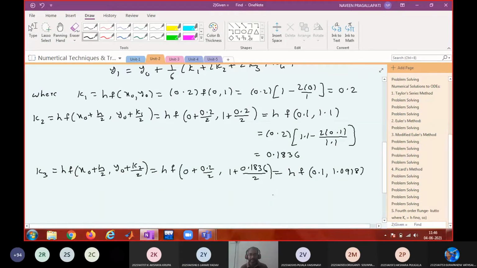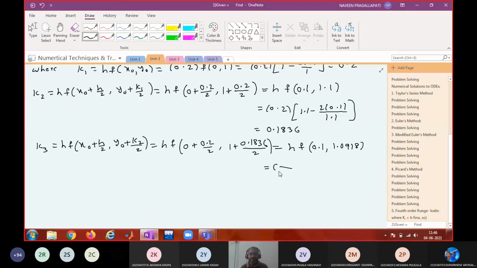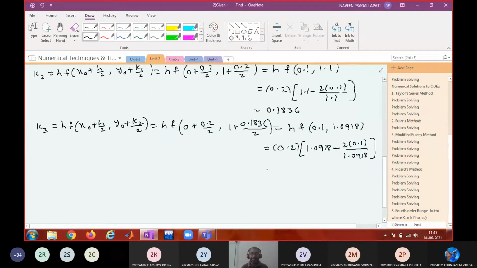So this is 0.2 into y minus 2x by y. Always keep that in mind. So 0.2 into 1.0918 minus 2 into 0.1 by 1.0918. Use your calculator. 0.1817.